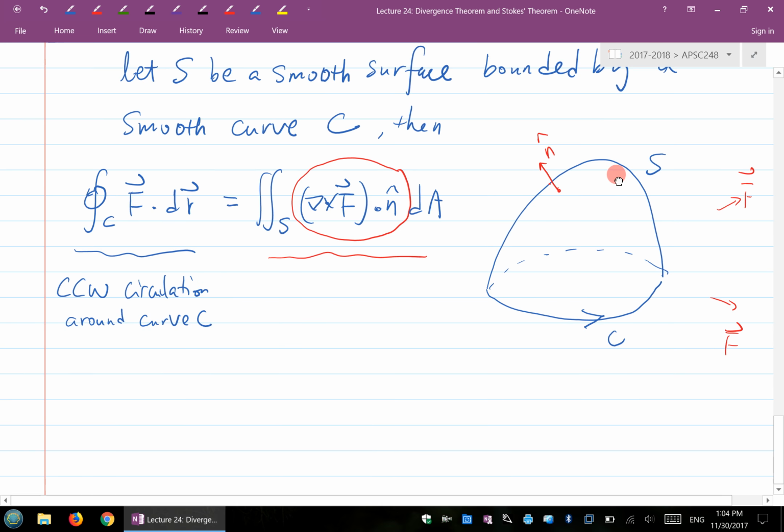Now, if you recall, when we learned the curl, how did we define the curl? When we learned curl, we had a concept.